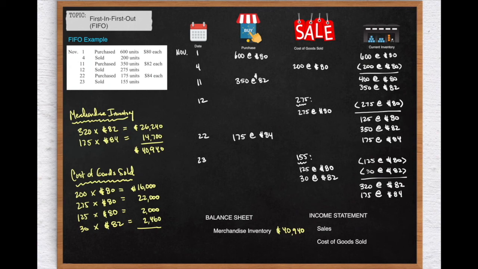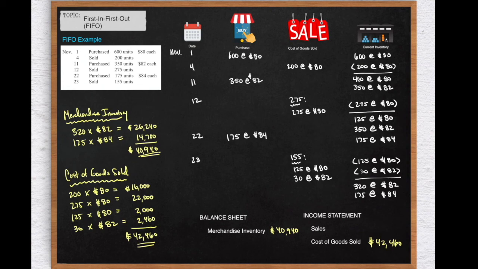You're going to add all those up. That will give you $42,460, and that is your cost of goods sold. Actually, I realized I made a calculation error. The 125 units times 80 should be $10,000. So I'm $8,000 short. So the cost of goods sold should be $50,460. I'll correct that on the PDF.